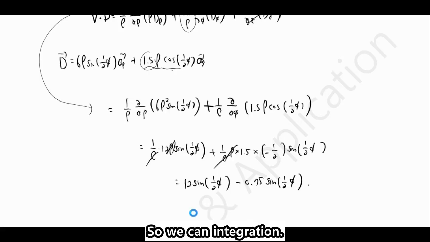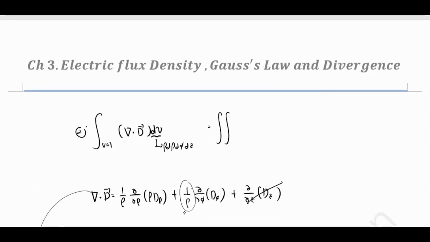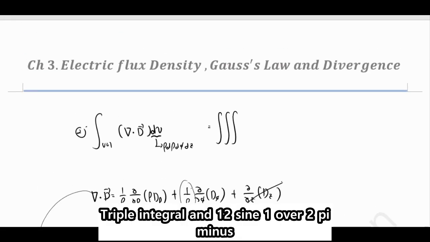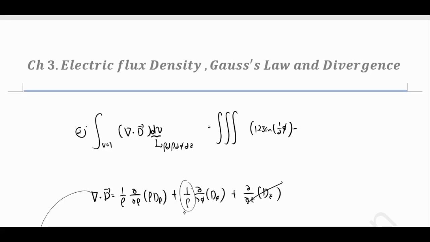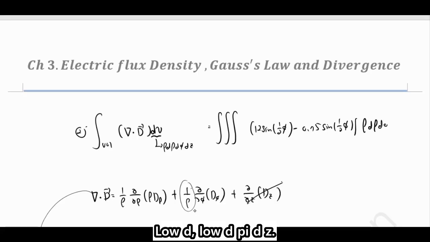So we can integrate. This is a triple integral of 12 sine(1/2 phi) minus 0.75 sine(1/2 phi), times rho d rho d phi dz.